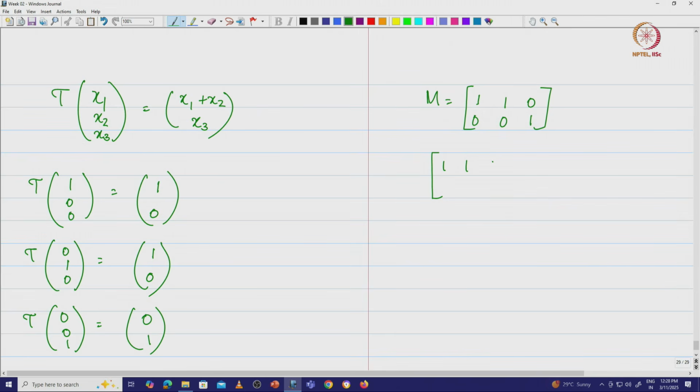This matrix is going to take any vector of the form x1, x2, x3 and result in a 2 component vector, which is x1 plus x2 and x3. That is the most important understanding that we have here.